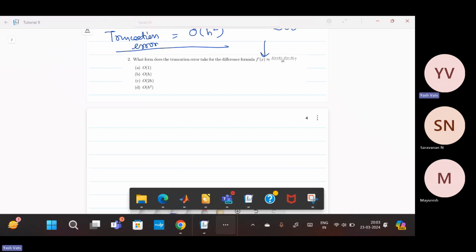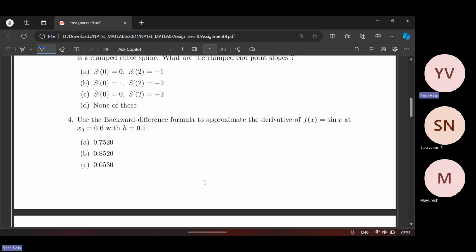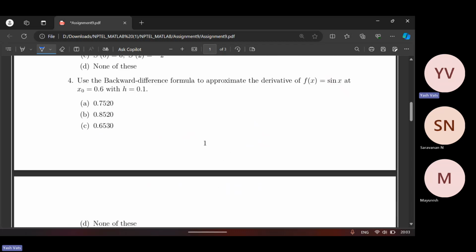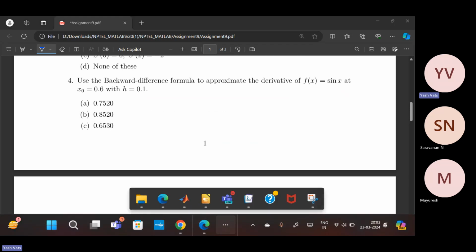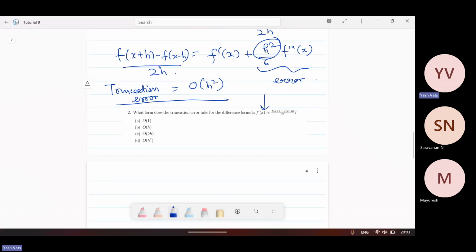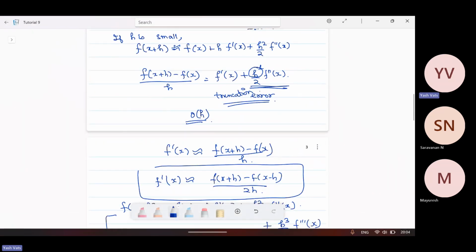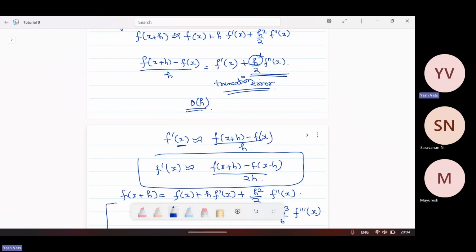Okay, let's discuss. Now we will go with the backward difference formula to approximate the derivative. The formula that I have discussed, do you know the difference between forward and backward? When you go forward in time, this formula considers only the points x plus h and x, so it is forward.